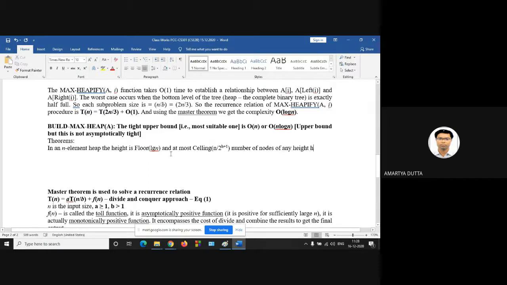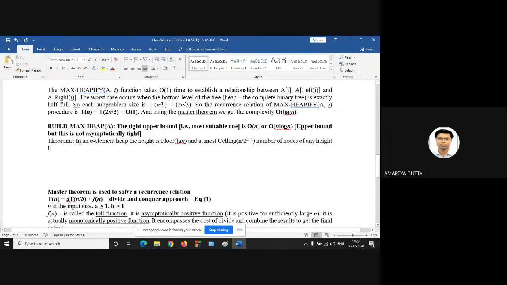So there are total two theorems we have to prove. In an n element heap, the height h is equal to floor of log n, and at most ceiling of n by 2 to the power h plus 1 number of nodes at any height h.